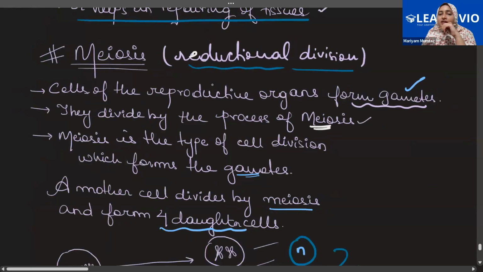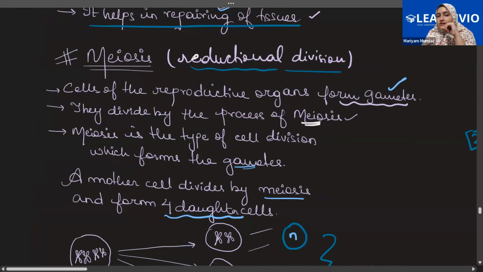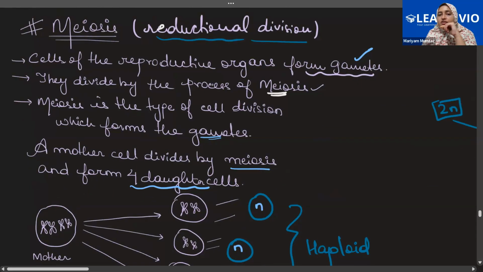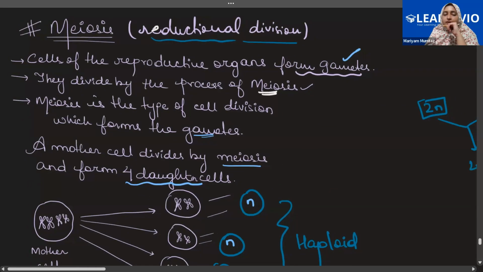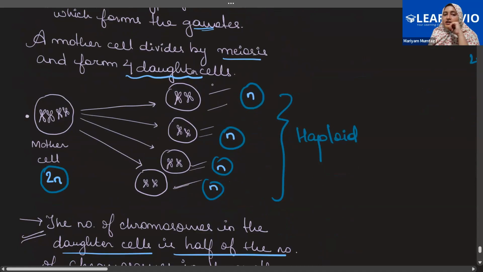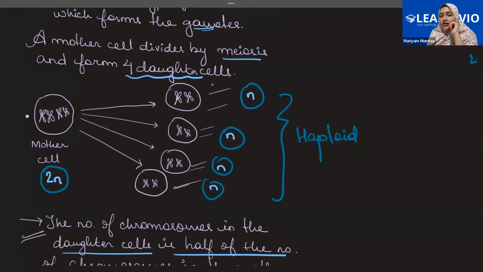After that comes another division which is known as meiosis. Now meiosis is used to make gametes. Here one mother cell divides into four daughter cells. And now do you see the difference, students?